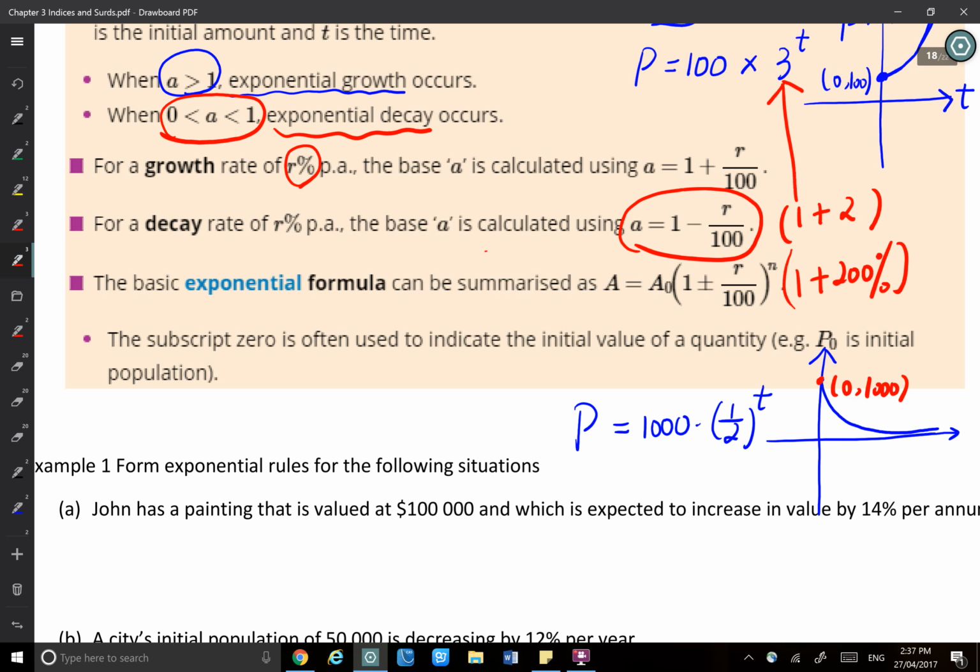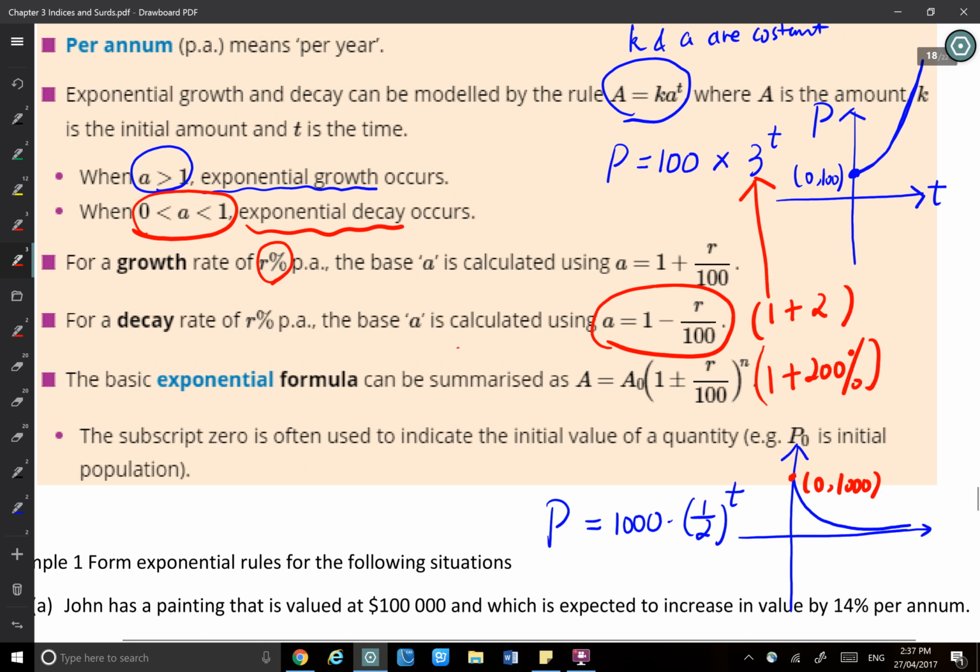So first, what does k represent? The k represents the initial value. Second, what does a represent? The base a is 1 plus the growth rate or 1 minus the decay rate. The base is calculated the same way: if it's exponential growth, it will be 1 plus; if it's exponential decay, it will be 1 minus.